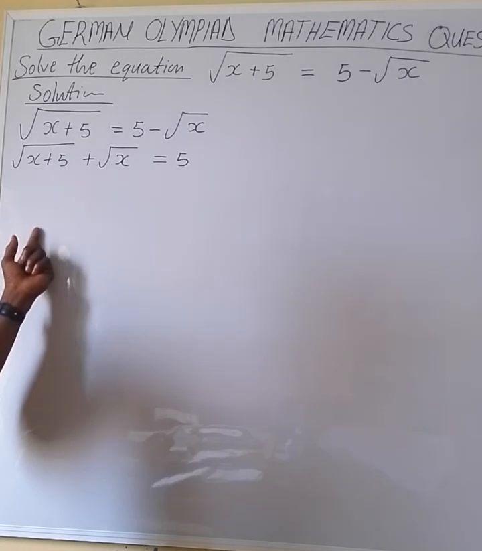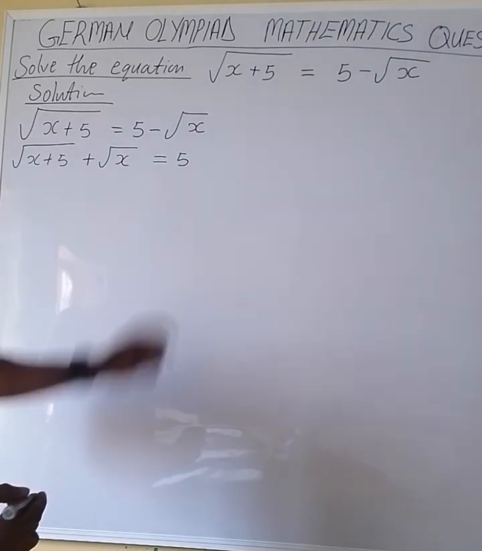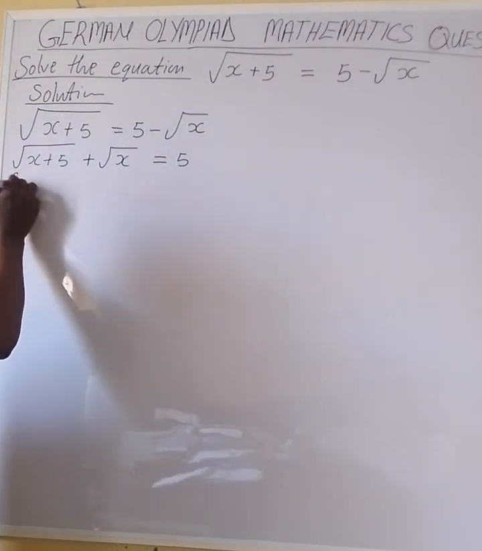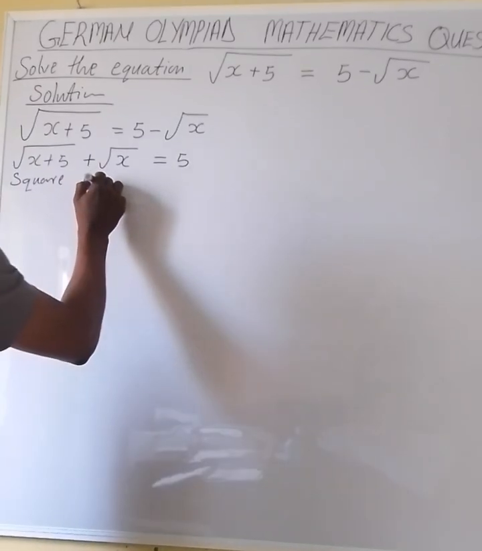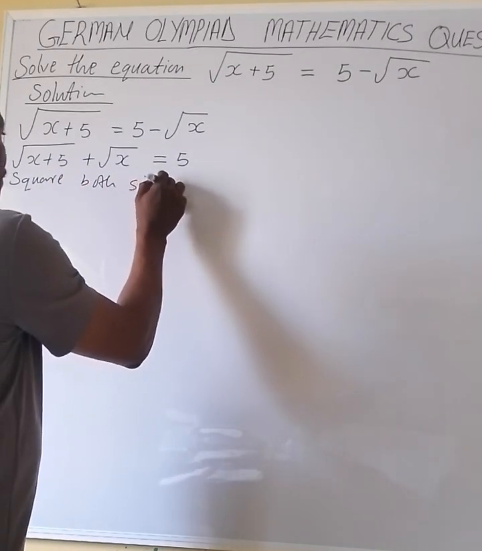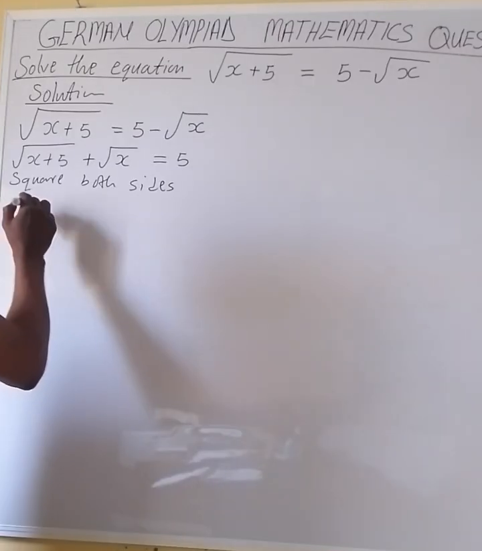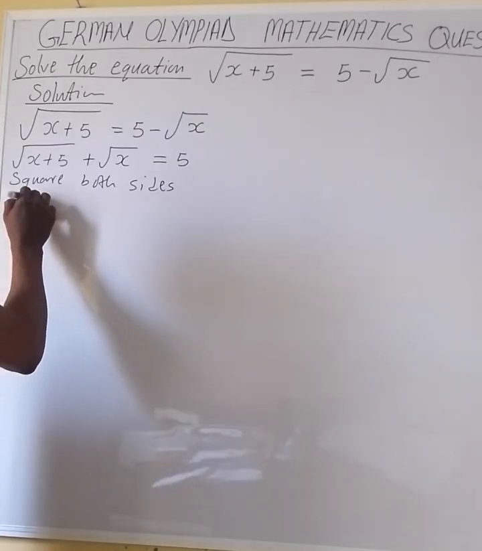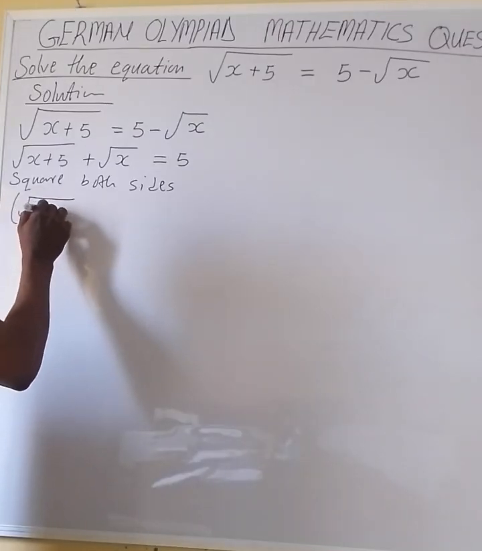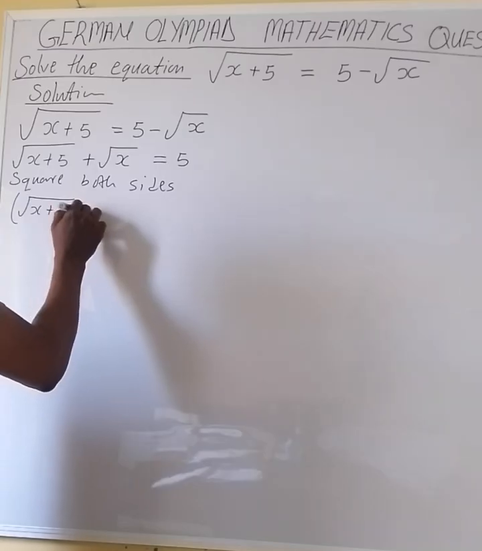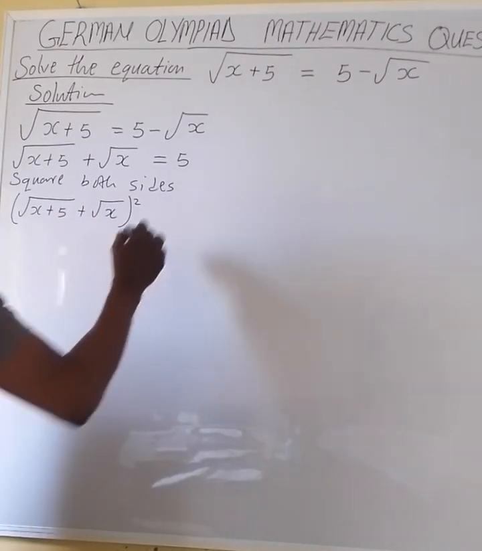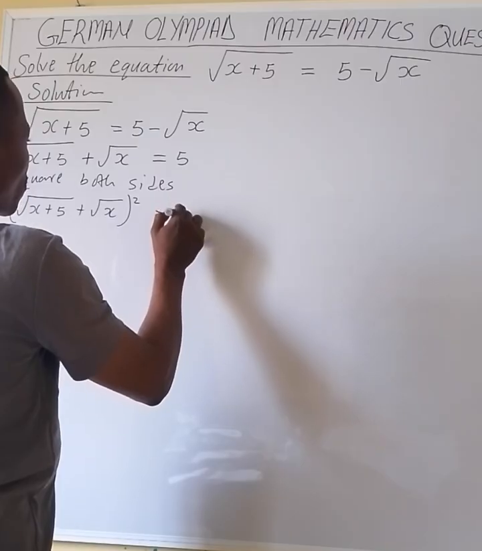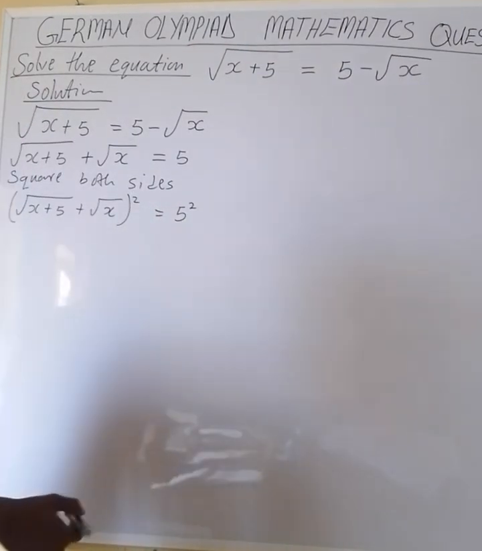The next thing we are going to do is square both sides. Then it will give us open bracket square root of x plus 5 plus square root of x, raised to power 2, everything equals 5 squared.